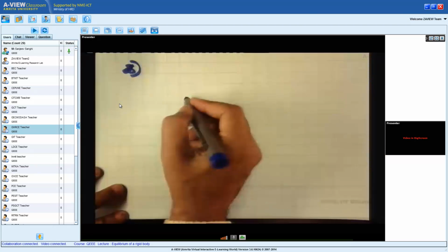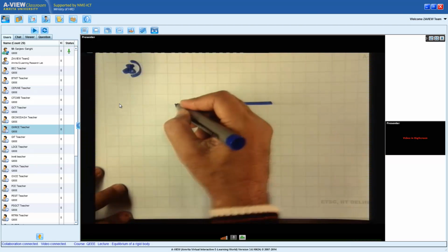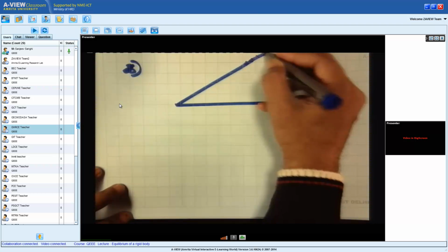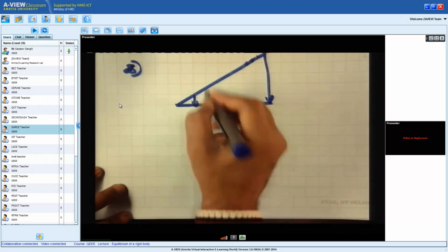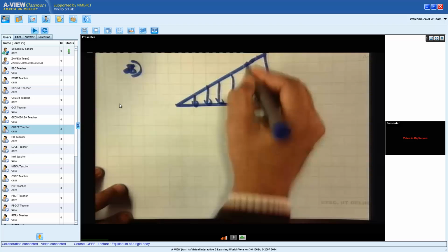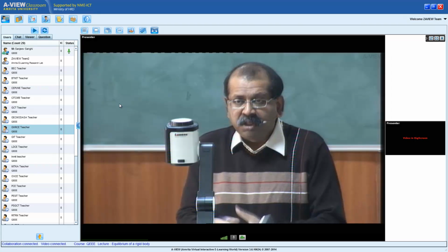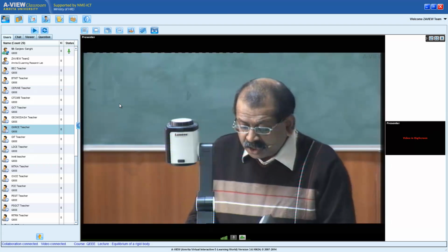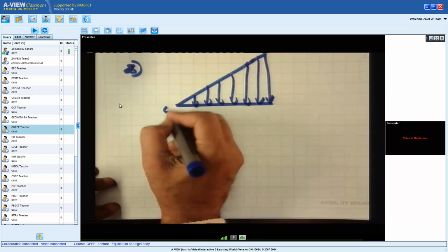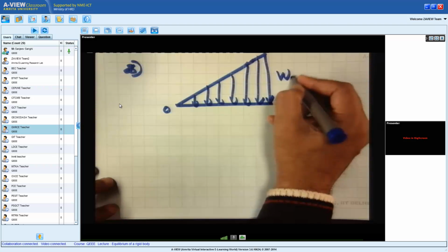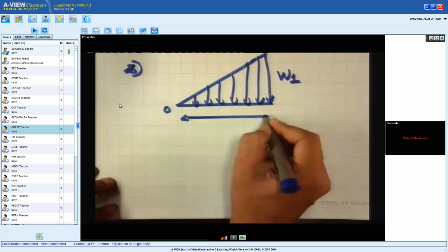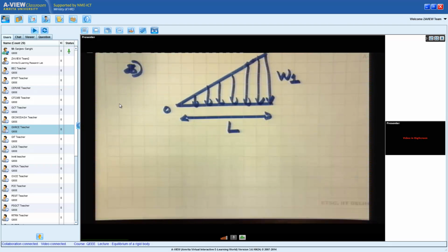So the next case is that of what we call a triangular load. All these forces are parallel, so this is a load which starts from 0 and goes to W1 over a distance of L. What is the equivalent force?